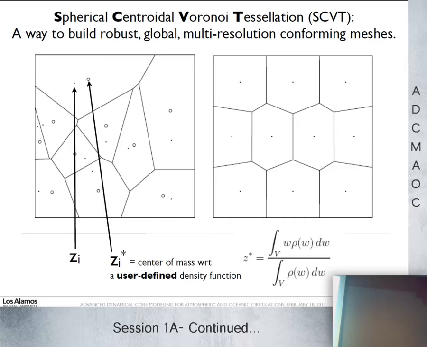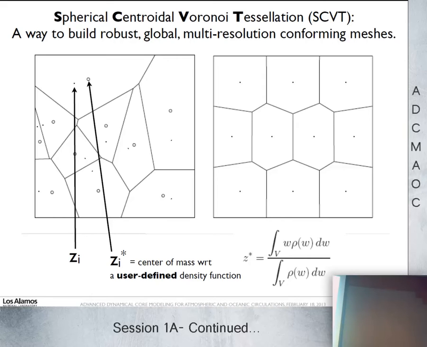So the centroidal piece is we want that generator to also be the center of mass of this region. The center of mass is some density-weighted integral over the Voronoi region. And we get to pick this density, and this is what's going to allow us to make these variable resolution meshes.